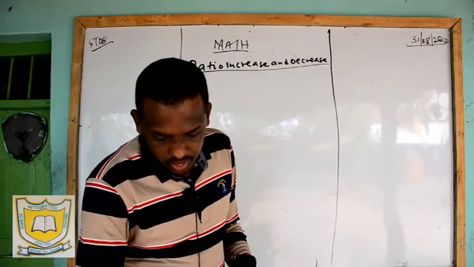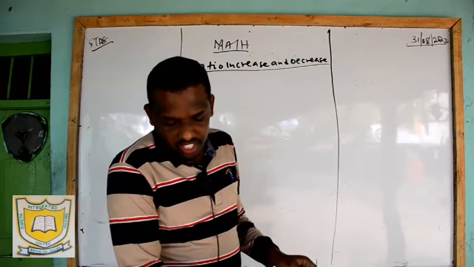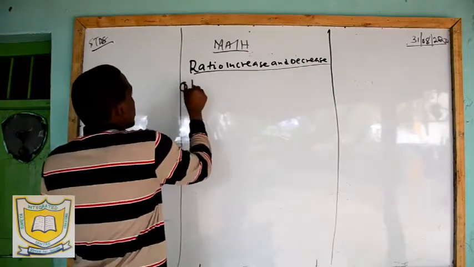Now here, let us say you are told: which of the following are decreasing ratios?